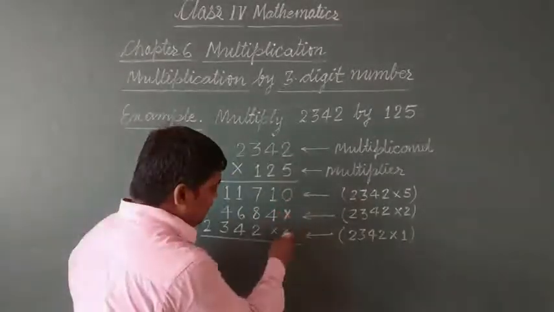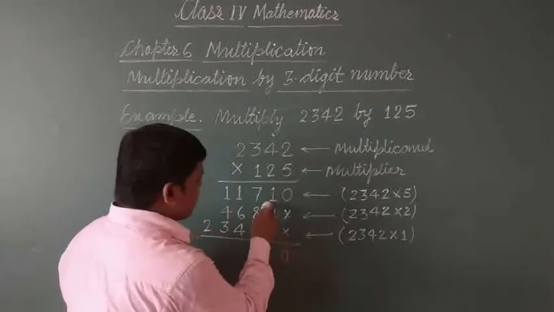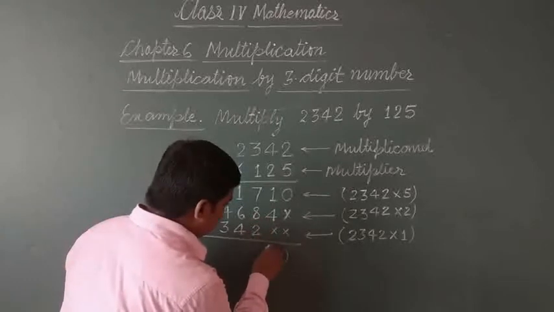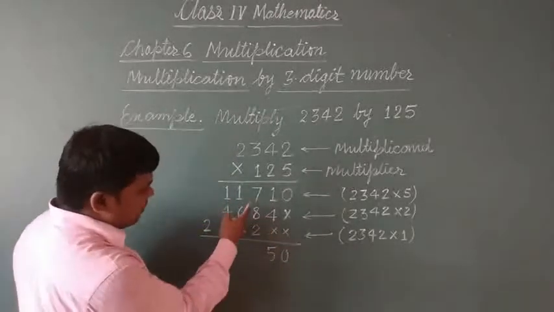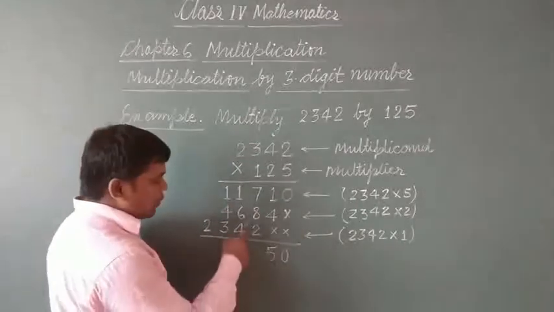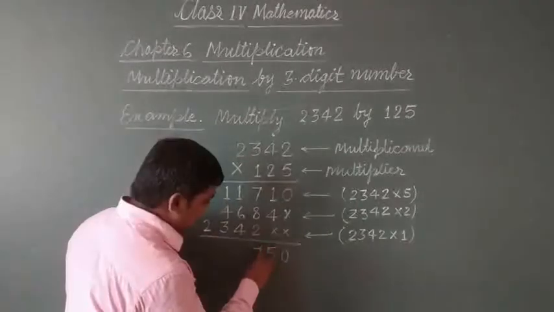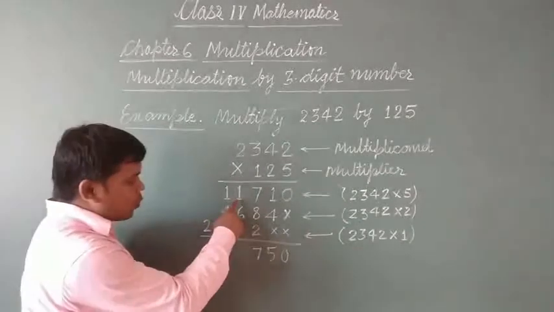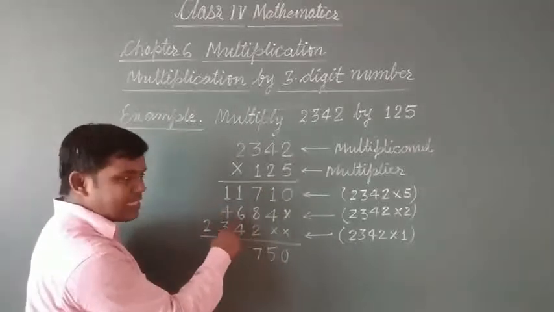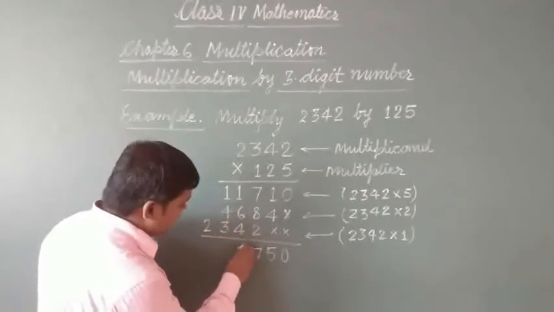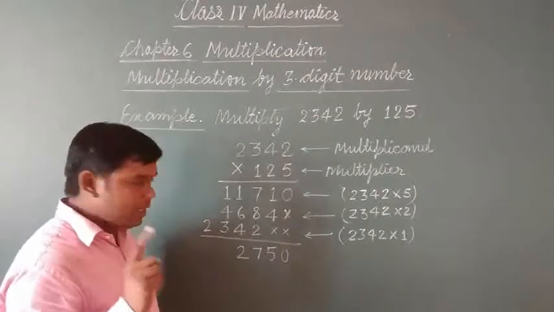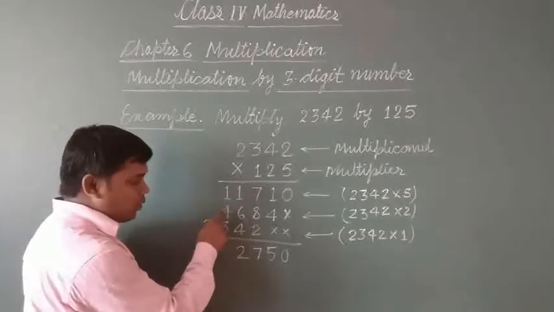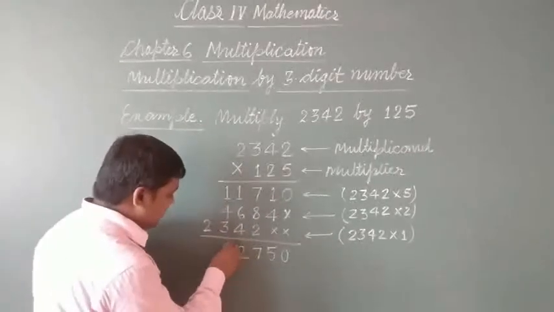Then we add vertically like this to get the required product. So in 0 nothing is here, so we simply write 0. 1 plus 4, and here is nothing, so 1 plus 4 we write 5. 7 plus 8, 15. 15 plus 2, 17. 7 here, carry 1. 1 plus 1, 2. 2 plus 6, 8. 8 plus 4, 12. 2, carry 1. 1 plus 1, 2, plus 6, 8... 2 plus 4, 6, and plus 3, 9.